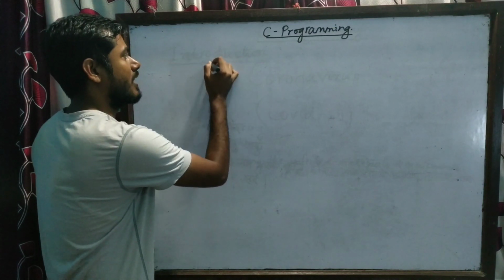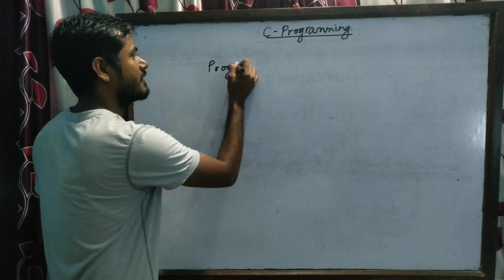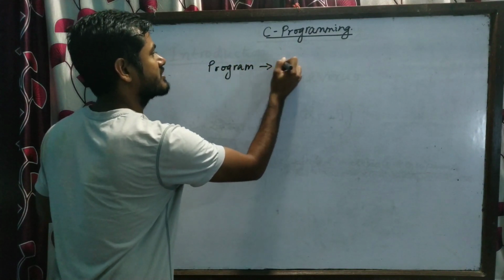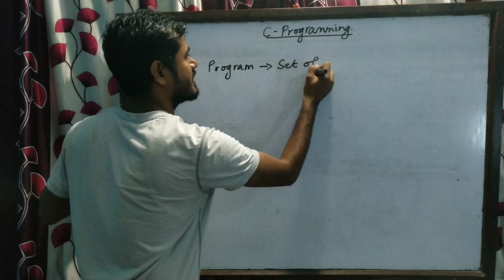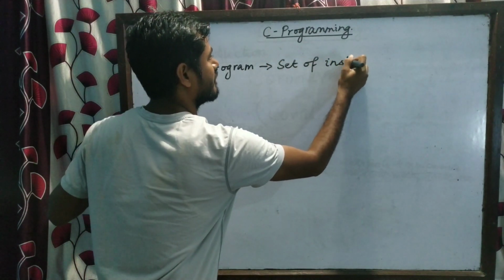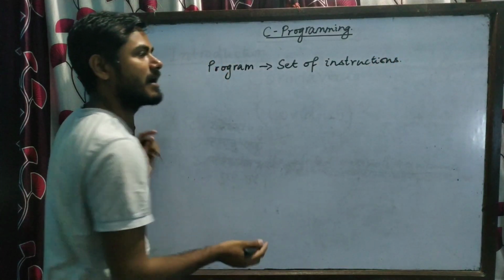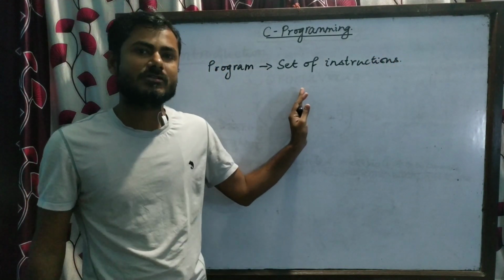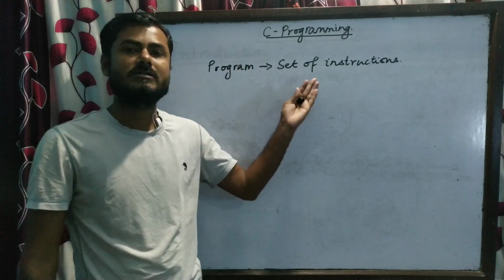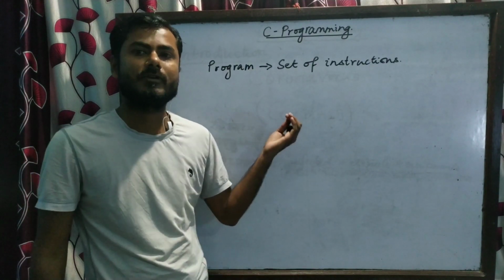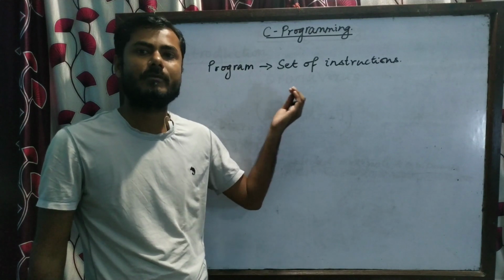So a program is nothing but a set of instructions. There might be multiple instructions in a program, let's say 5 instructions, 10, 15, 20, 200, 300, 500, 1000.